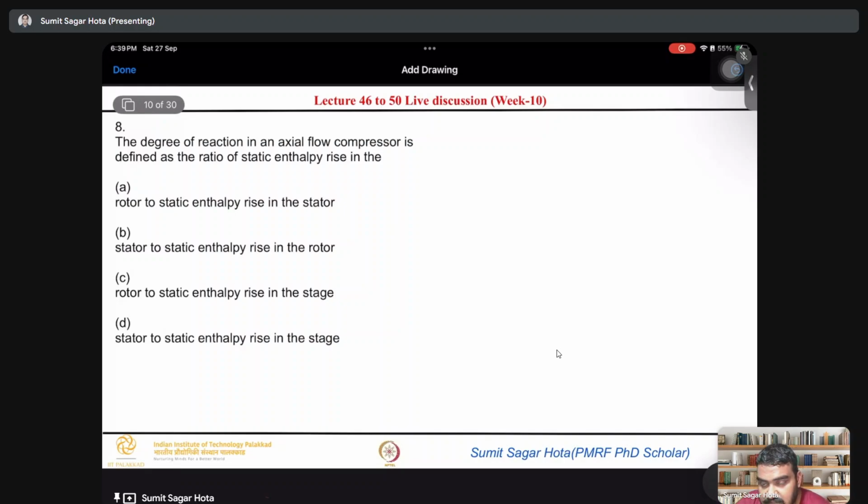The degree of reaction in an axial flow compressor is defined as the ratio of static enthalpy rise in the dash. First of all, write down the formula of degree of reaction.